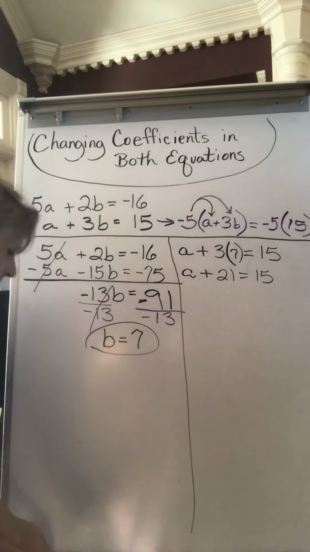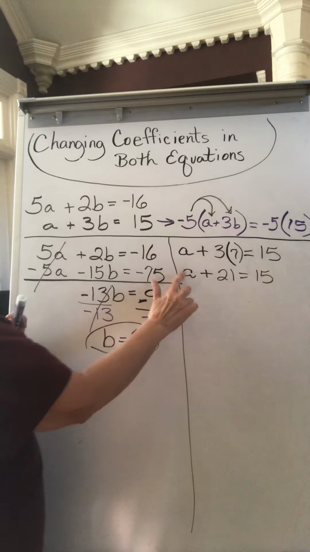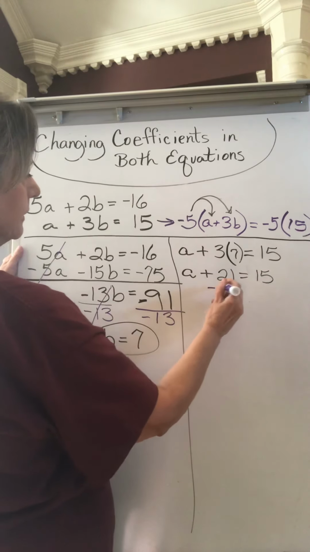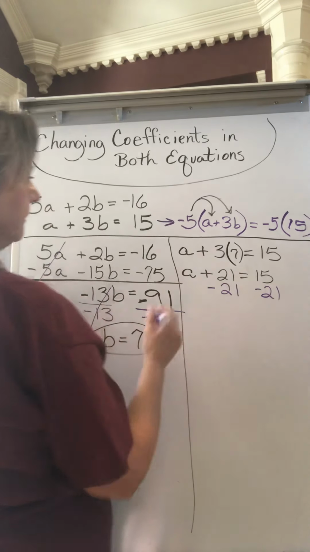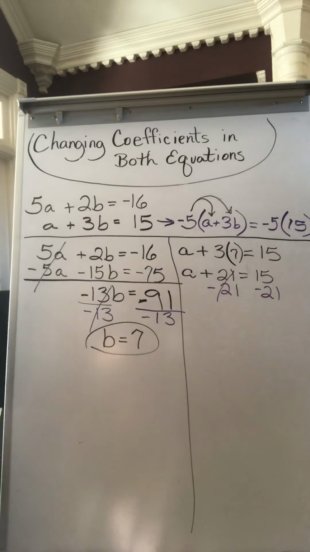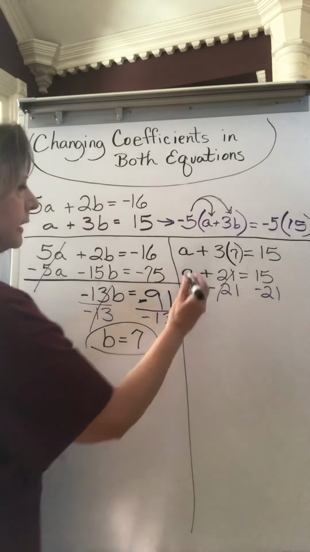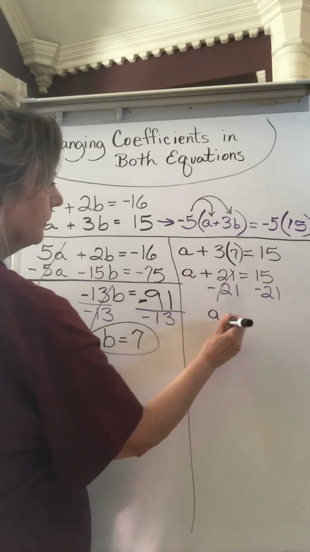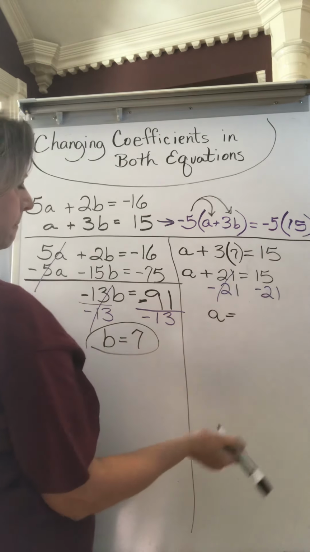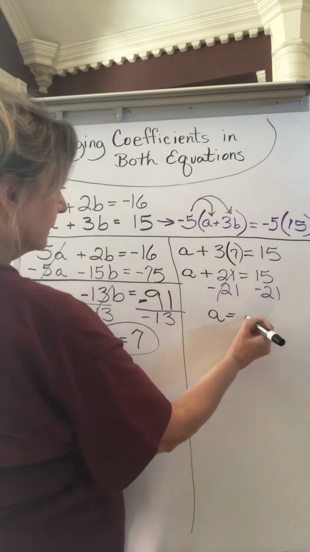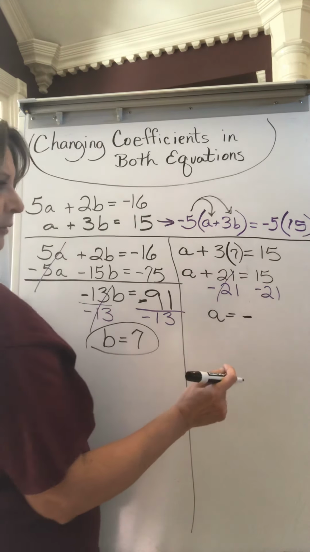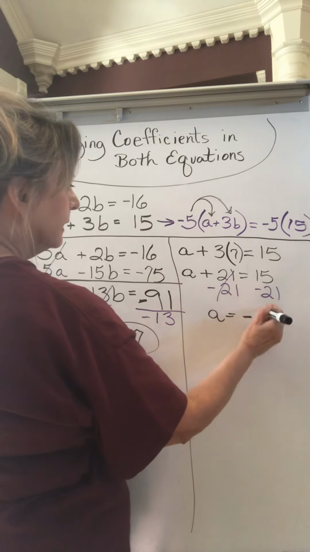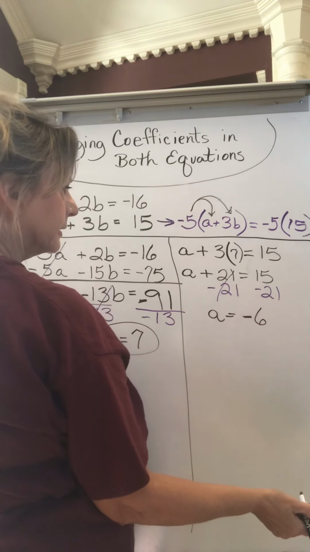Okay, I've got to get rid of that 21 so we can isolate our a. -21, -21. Cross that out right there. So I have a isolated here. 15 minus 21 is going to give me a negative, because my larger number is a negative, and it's going to be 6.